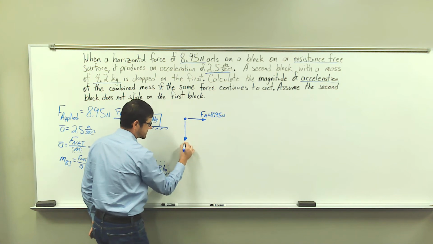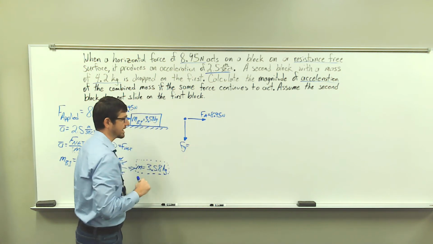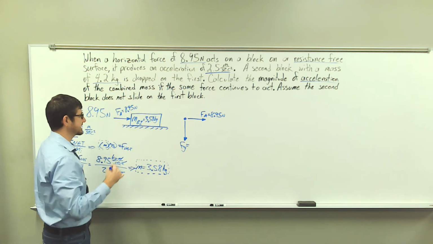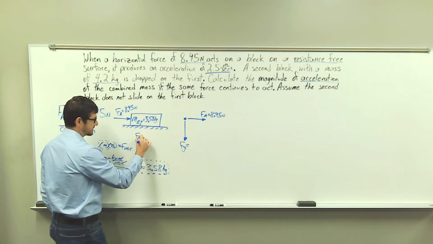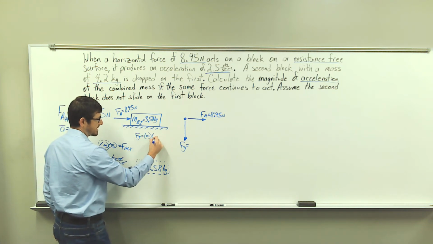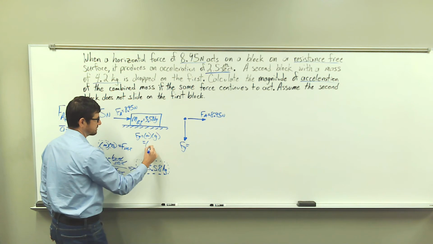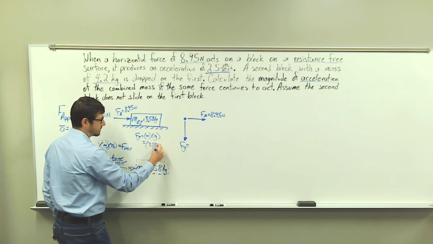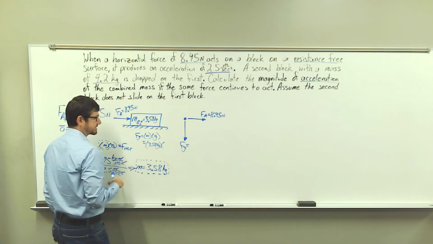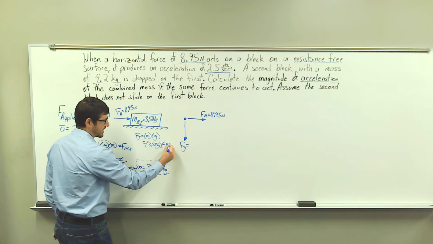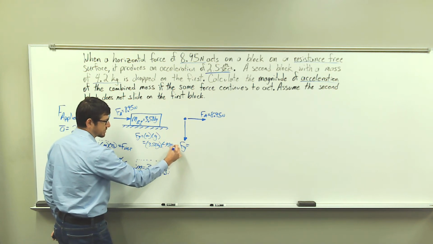We have the weight force due to gravity, identified by F sub G. To calculate the weight force, this is mass times the acceleration due to gravity. My mass is 3.58 kilograms. The acceleration due to gravity is negative 9.8 meters per second squared.